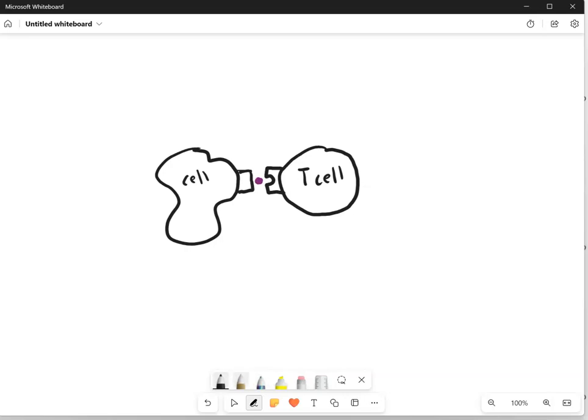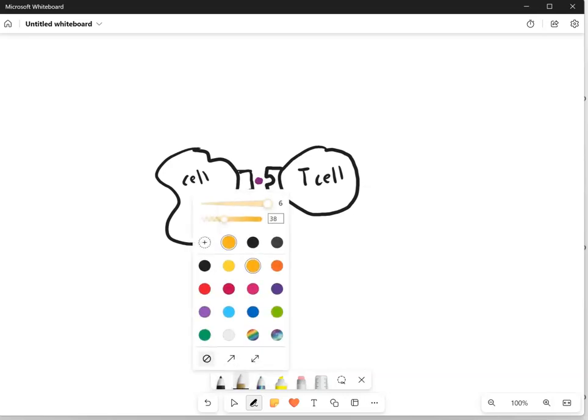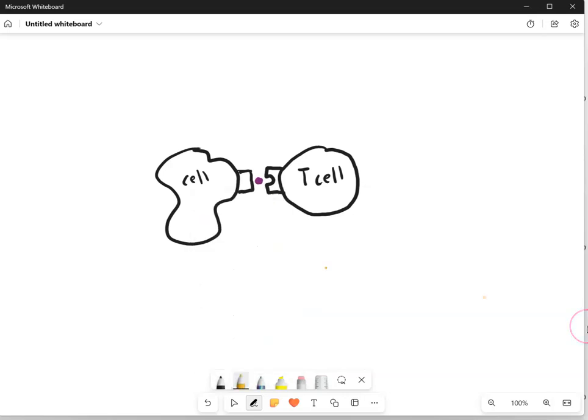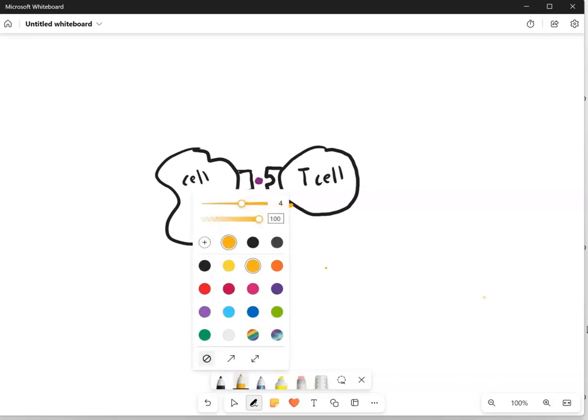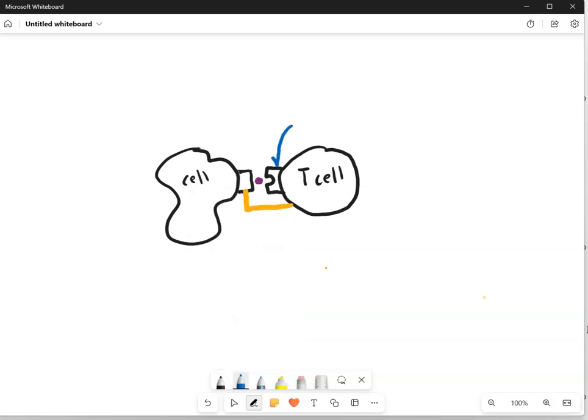The other part here is the co-receptor. All right, so now let's label everything, and let's label it well. So what do we have? We have a T cell receptor. We have MHC.